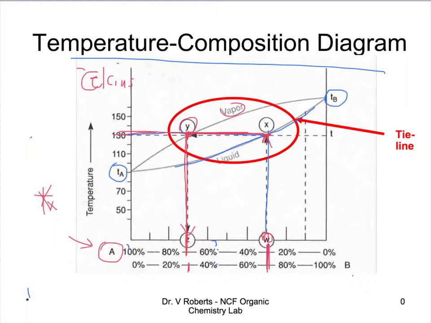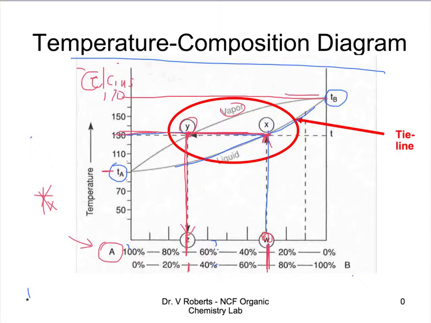The boiling point of pure A, we can read this from the y-axis over here, which looks like 70, 80, 90, 100, so that's 90 degrees Celsius. And the boiling point of pure B looks like, if we extend the line over on this side, it might be 150, 160, 170 degrees Celsius.